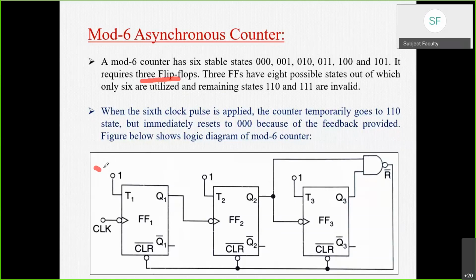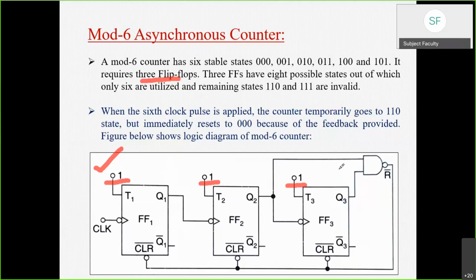If you observe this particular logic diagram, again 3 flip-flops have been used: flip-flop 1, flip-flop 2, and flip-flop 3. They have inputs T1, T2, and T3 respectively, and they are operating in toggle mode. That means the toggle input, the T input, will always be at level 1, or always high.